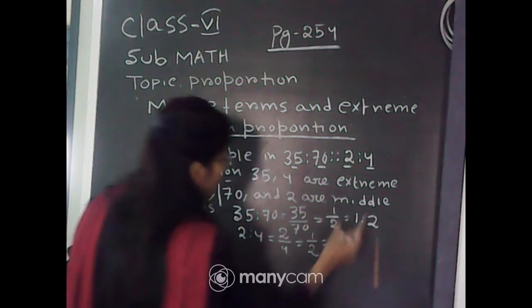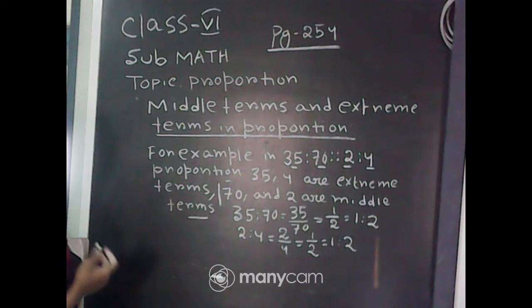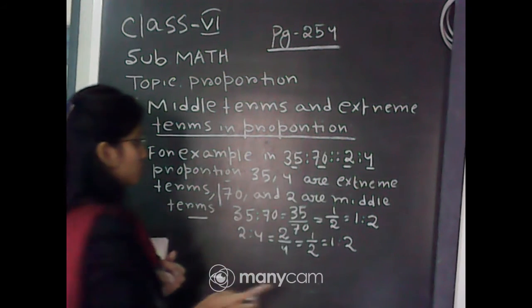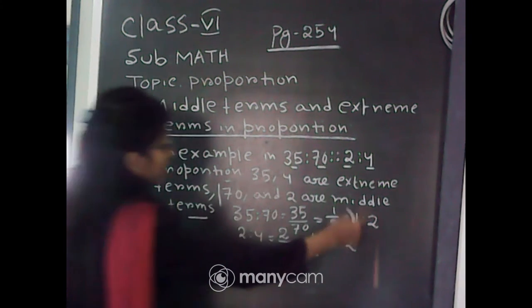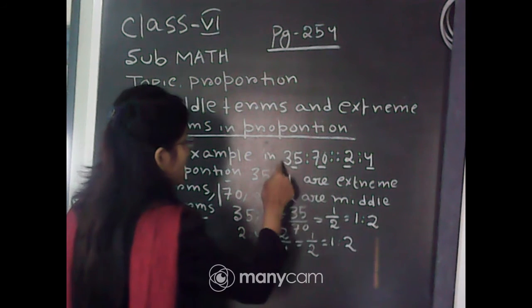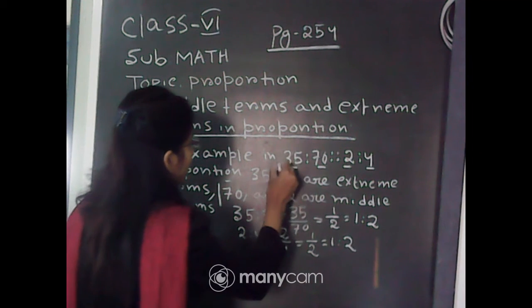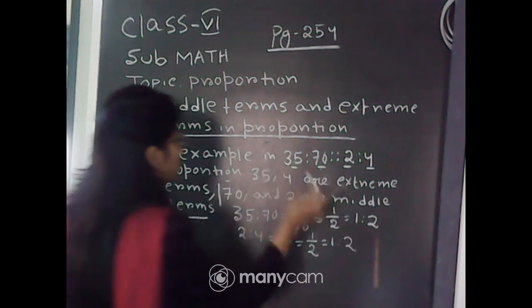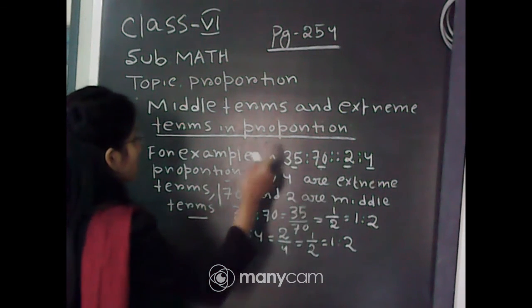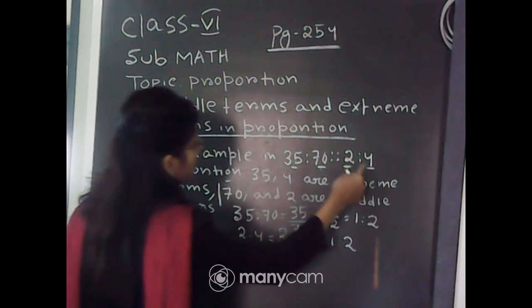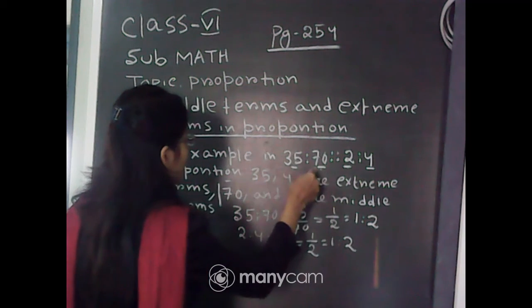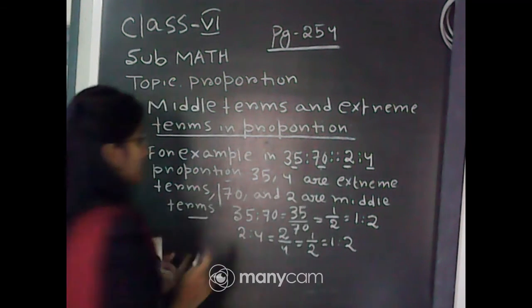Since the ratios are equal, we can say that the quantities 35, 70, 2 and 4 are in proportion, and in this proportion the terms 35 and 4 are extreme terms and 70 and 2 are middle terms. Clear?